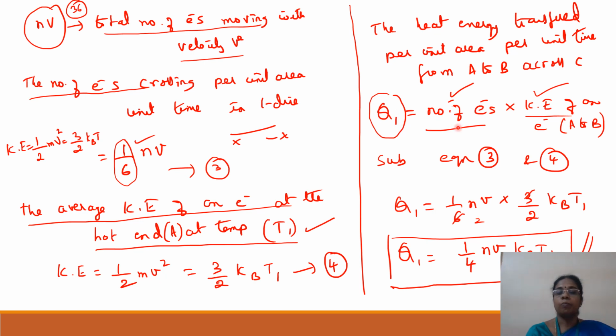Q1 is equal to the number of electrons crossing in one direction and the kinetic energy of the electron. When you take the product, you get so much heat energy which is being transferred from A to B across C. Now, substituting equations 3 and 4, we get Q1 is equal to 1 by 6 NV into 3 by 2 kB T1. On simplification, you get Q1 is equal to 1 by 4 NV kB T1.